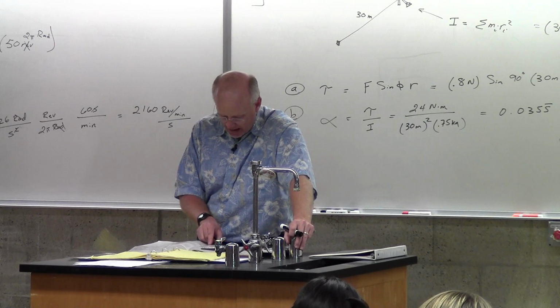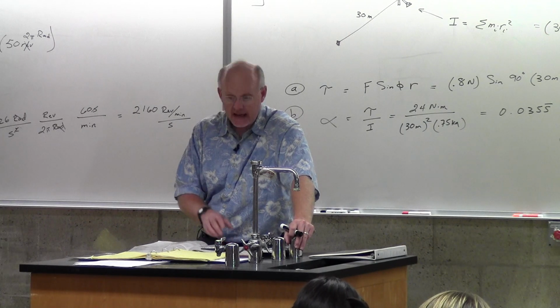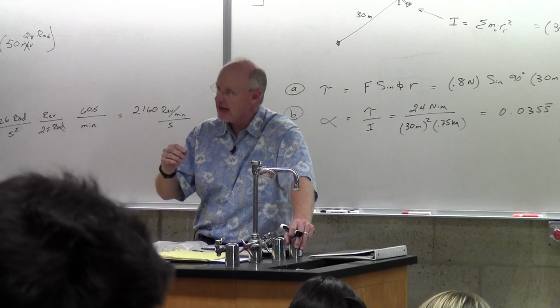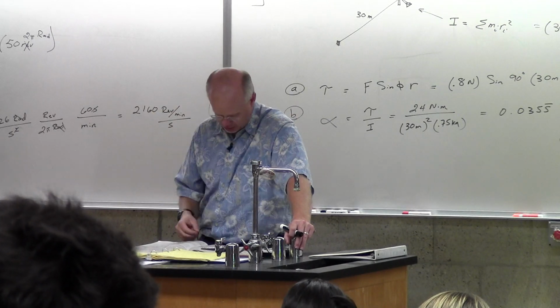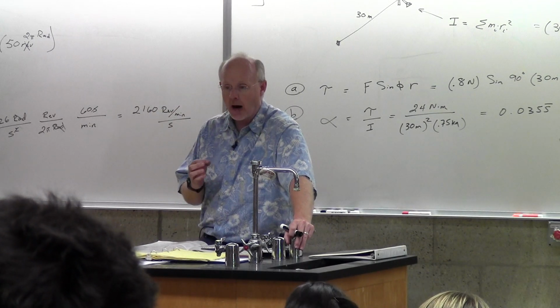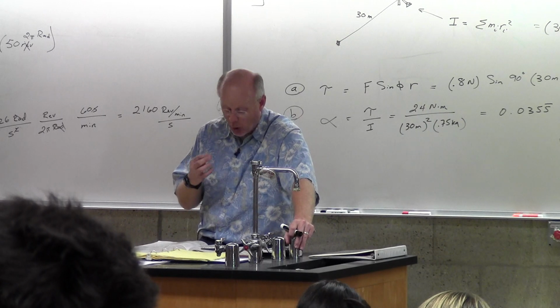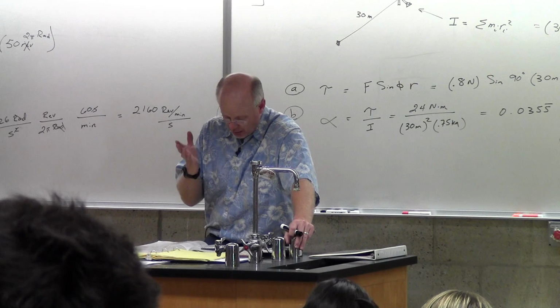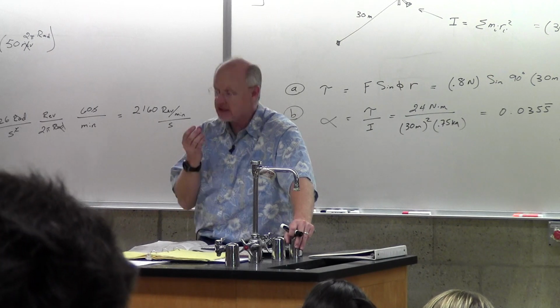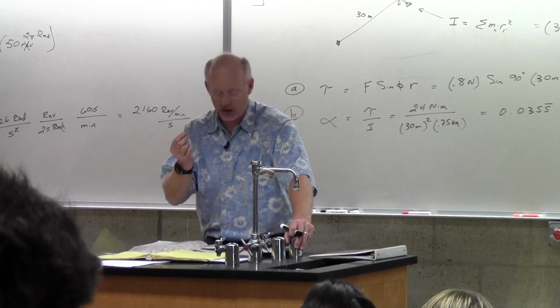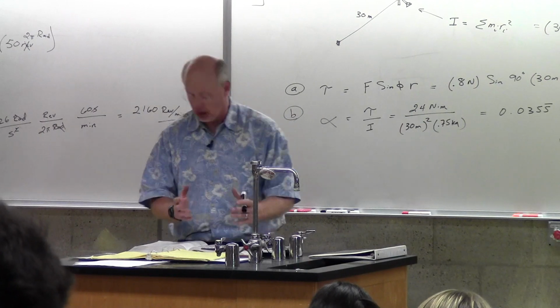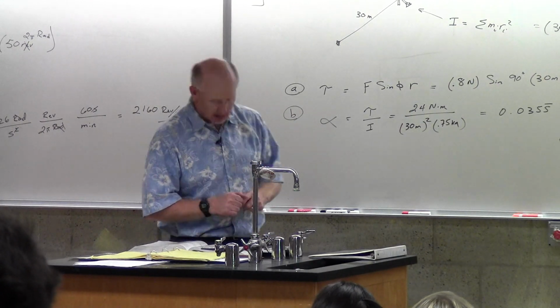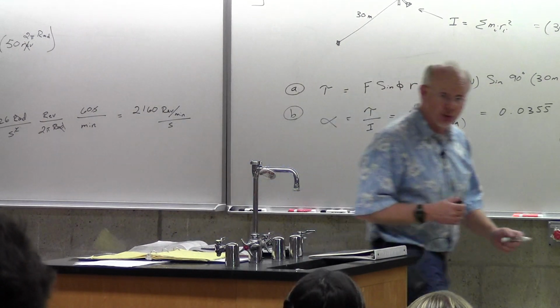When the counterweight is released from rest, it descends a distance h and acquires a speed v. Show that the moment of inertia is given by this equation. They have a very long equation here, and I'll write it down in a second. But let's go through this first.